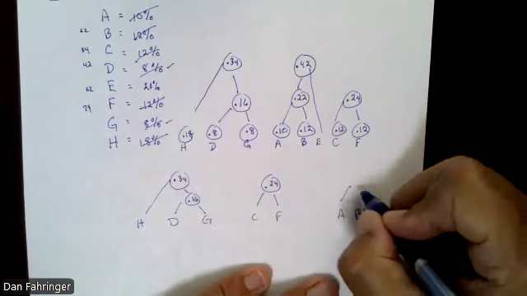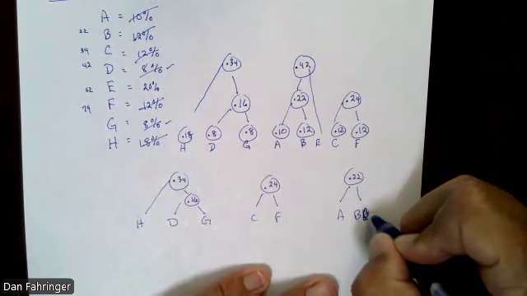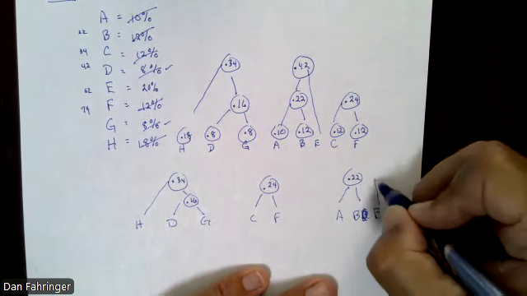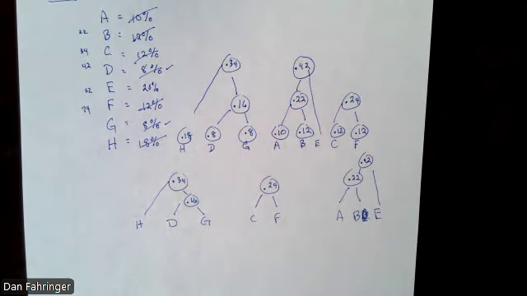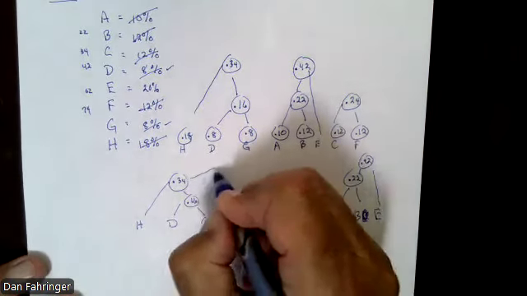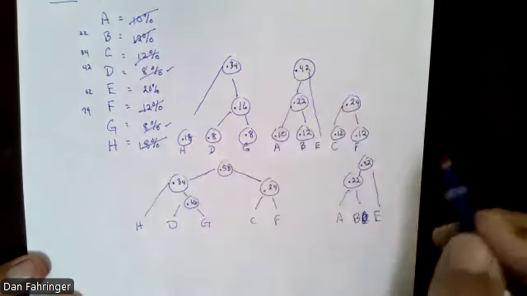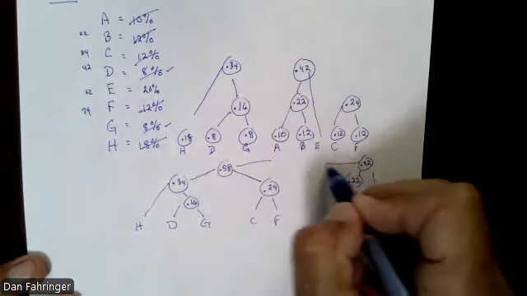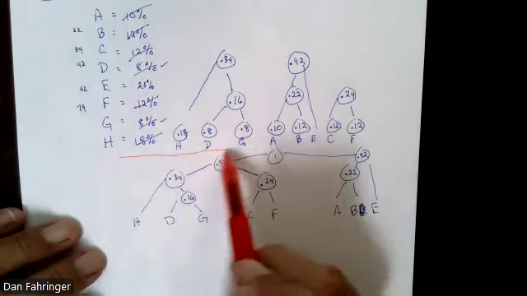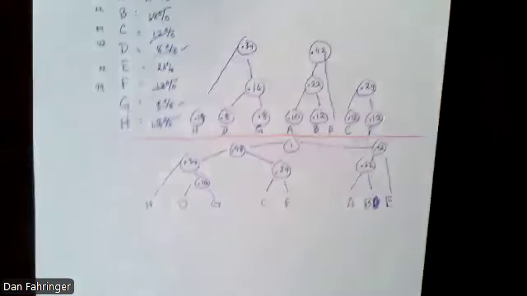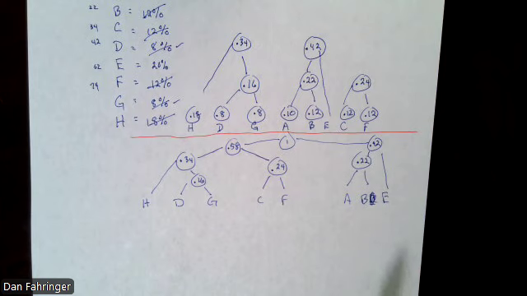ABE, this and this become 0.22. That's an ugly E. When I add the E, I got a 0.42. I'm running out of room again. These two combine, 0.58. And finally, these two combine to give me my 1. Sorry, a little sloppy, but we got her done.